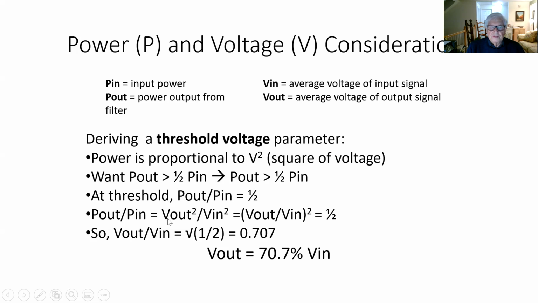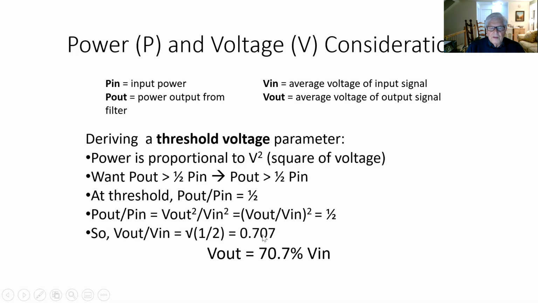So we can say that the output voltage squared divided by the input voltage squared has to be equal to 1/2. Or when you take this, then V out over V in becomes just the square root of 1/2, which is 0.707.